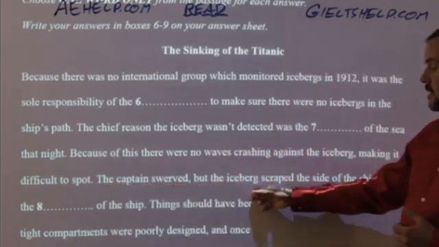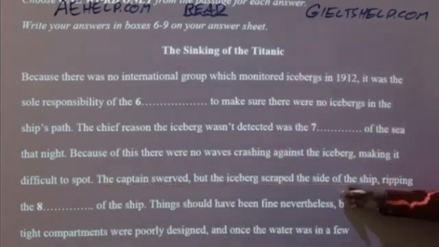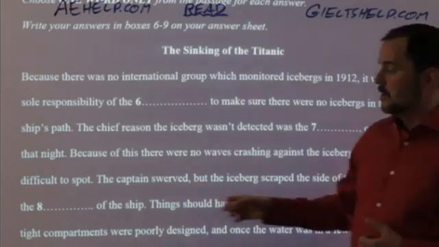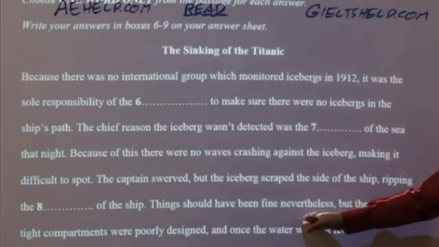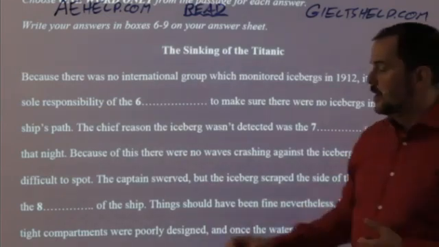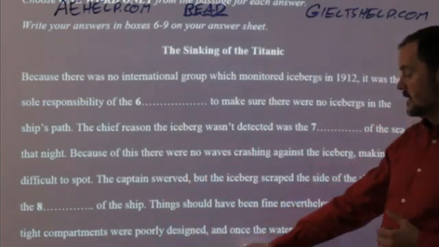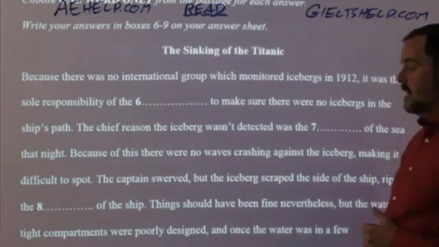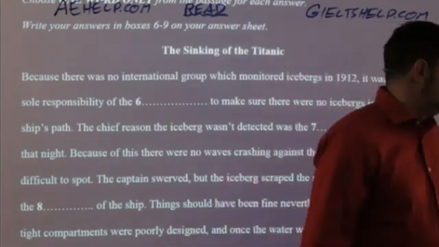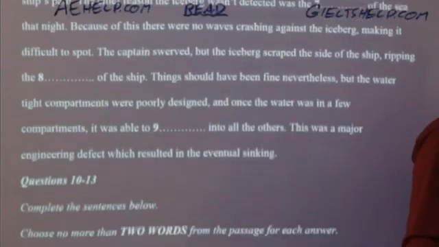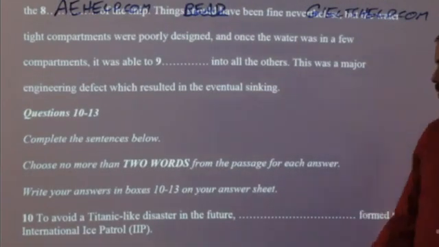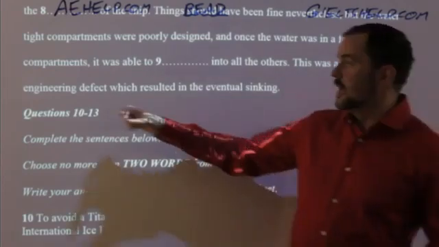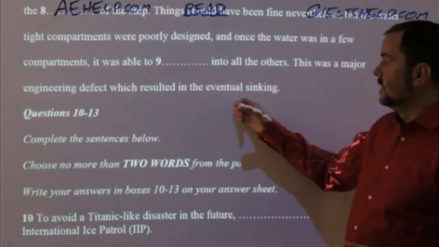The captain swerved, but the iceberg scraped the side of the ship, ripping the something of the ship. Things should have been fine, nevertheless, but the watertight compartments were poorly designed, and once the water was in a few compartments, it was able to something into all the others. This was a major engineering defect that resulted in the eventual sinking.